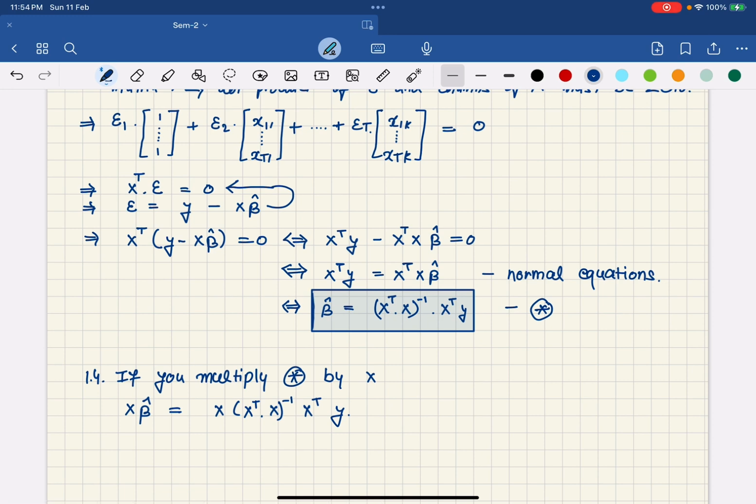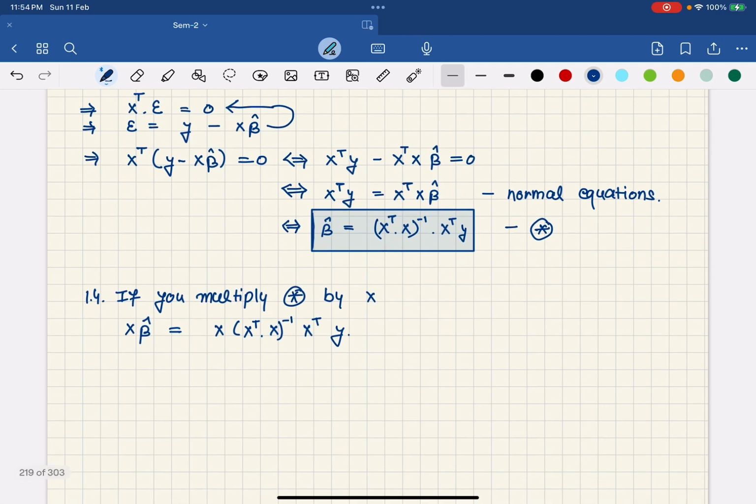Okay, we defined our x beta hat in terms of y. Similarly we can define this epsilon vector in terms of y. This epsilon vector is nothing but y less x beta hat. If you put the value of x beta hat in this equation, you will get this.